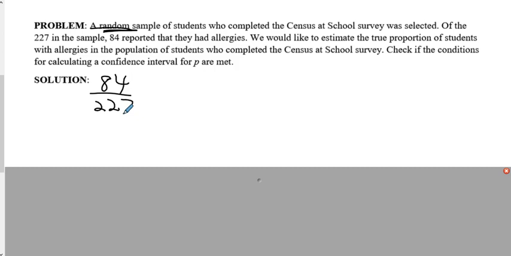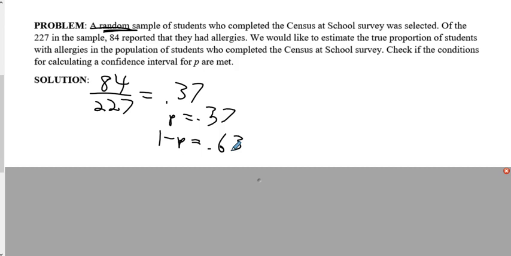That's your percentage we're going to figure out. If you calculate that, you're going to get 0.37. That's our p. So p equals 0.37. 1 minus p, okay, if I buy 37 cents worth of candy, I'm going to get 63 cents back in change.